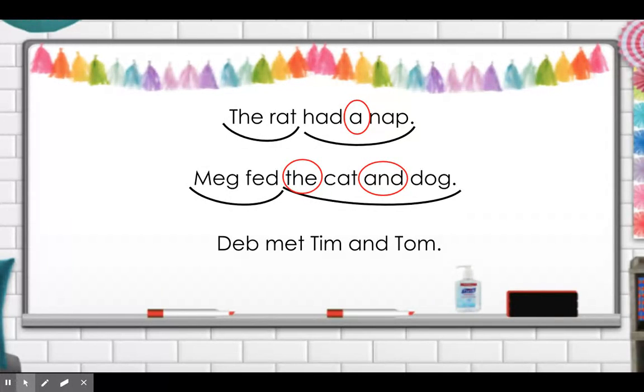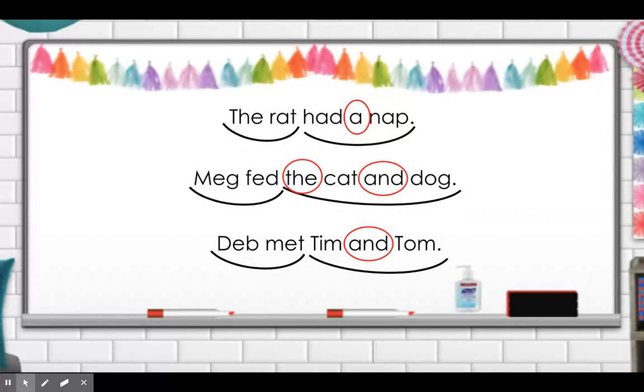Okay, now circle your trick words in red. Yours should look like mine. Circle the word and. And now scoop for expression. Does yours look like mine? Deb met Tim and Tom. Please read that sentence with expression to a parent.